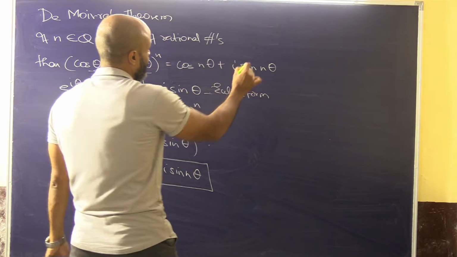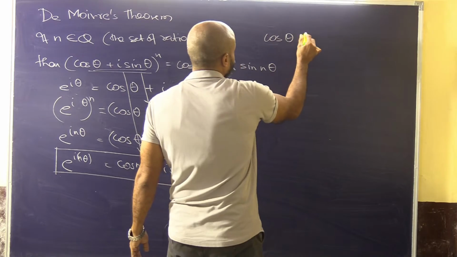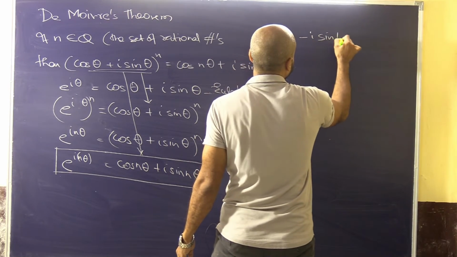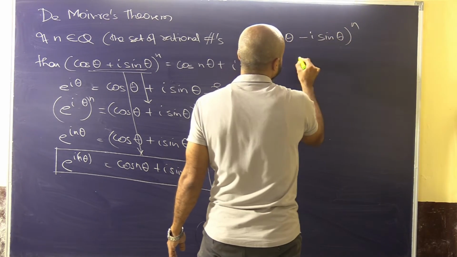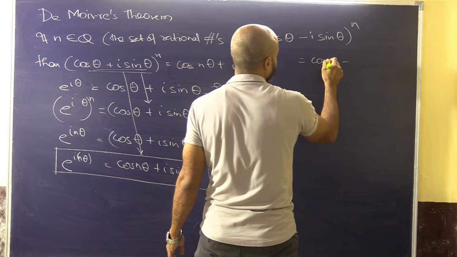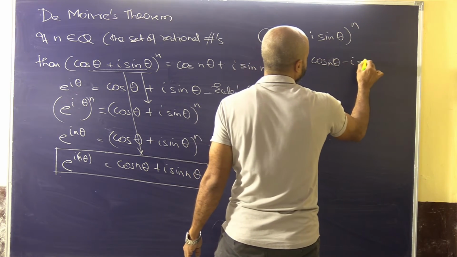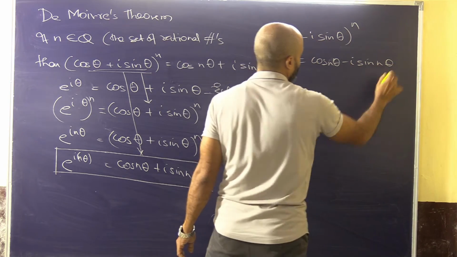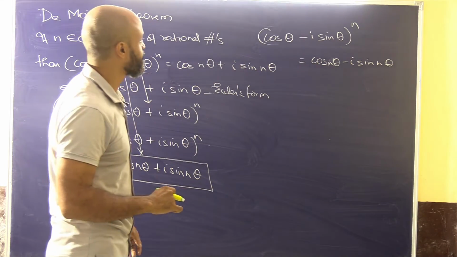Okay. Now if we have (cos theta minus i sin theta) to the power of n, this will be equal to cos n theta minus i sin n theta.